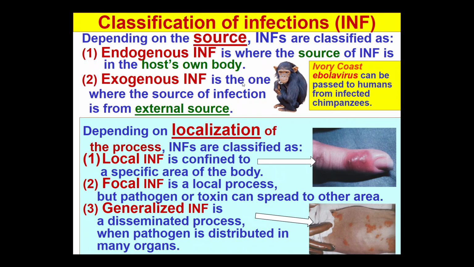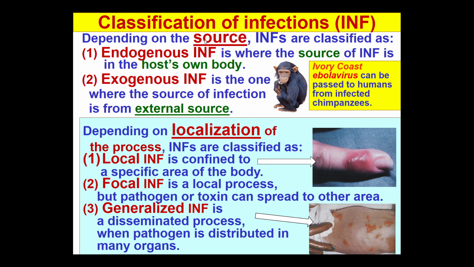Exogenous infection is the infection where the source of infection is from external source. For example, Ivory Coast Ebola virus is the typical parasite of the chimpanzees. This Ivory Coast Ebola virus can be passed to humans from infected chimpanzees.